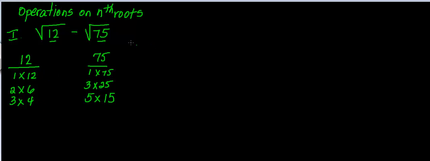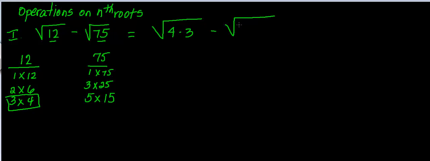Well, I'm going to rewrite 12 as the pair of factors in which one of the factors is a perfect square, and that's 4 times 3, minus, and I'm going to rewrite 75 as a pair of factors in which one of the factors is a perfect square, 25 times 3. There you have it. You have the square root of 12 minus the square root of 75.